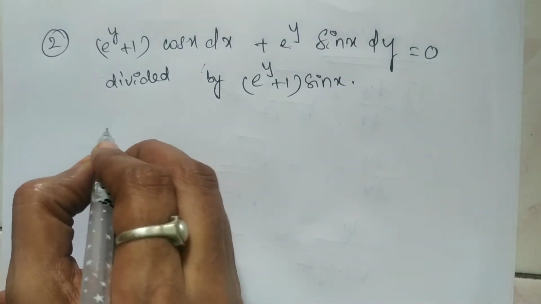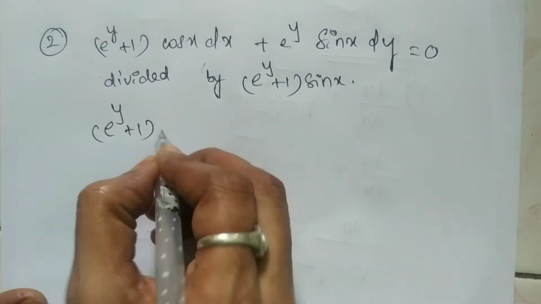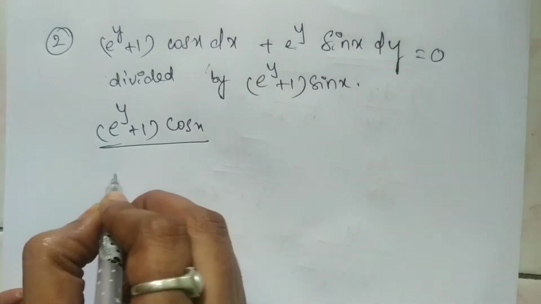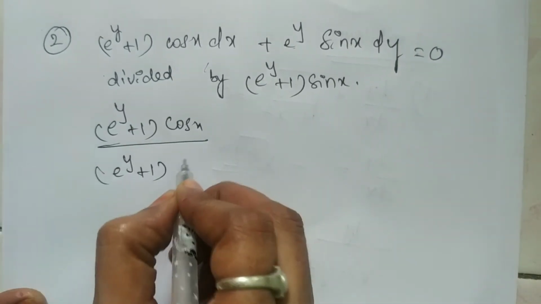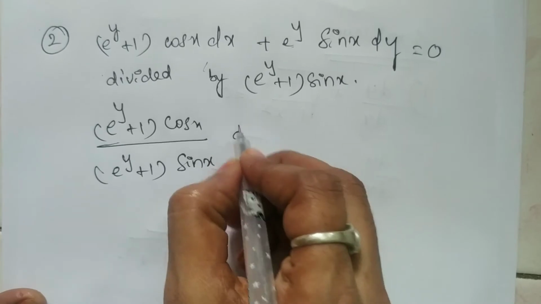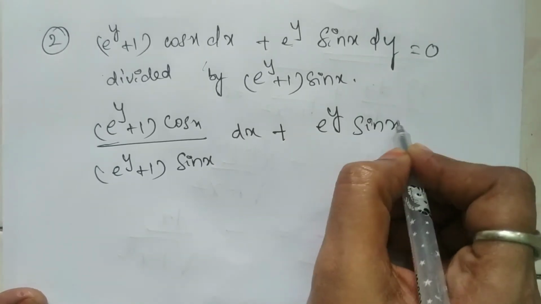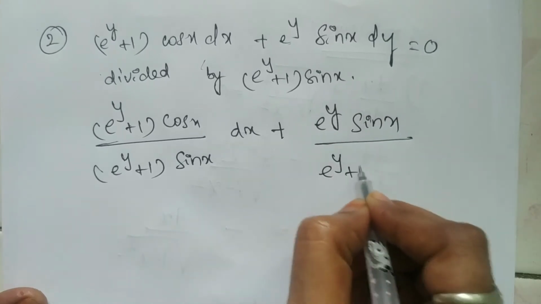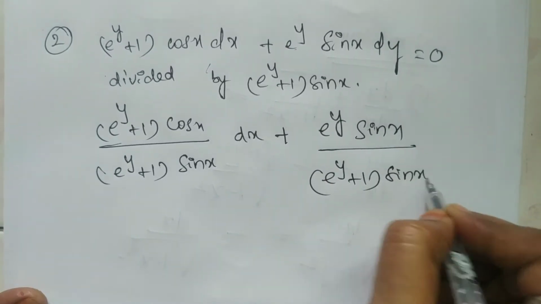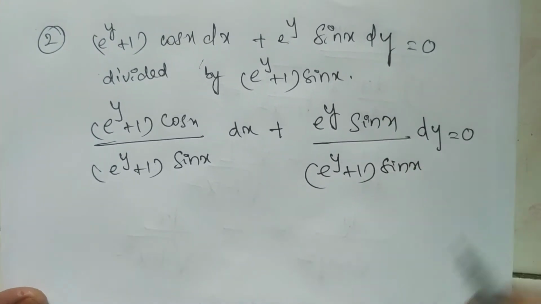Then we get e power y plus 1 cos x by (e power y plus 1) sin x dx plus e power y sin x by (e power y plus 1) sin x dy equal to 0.